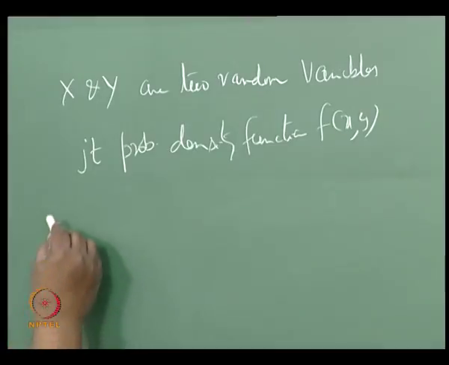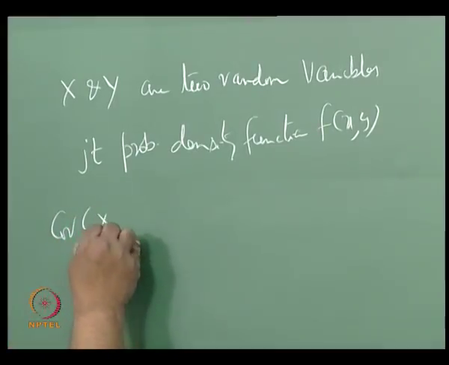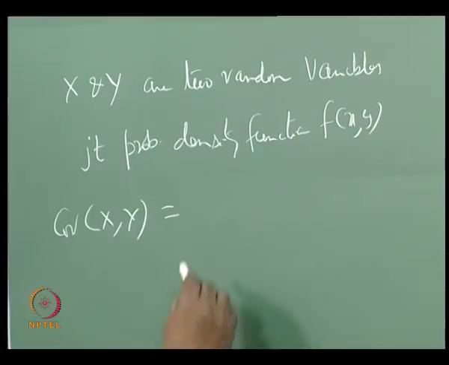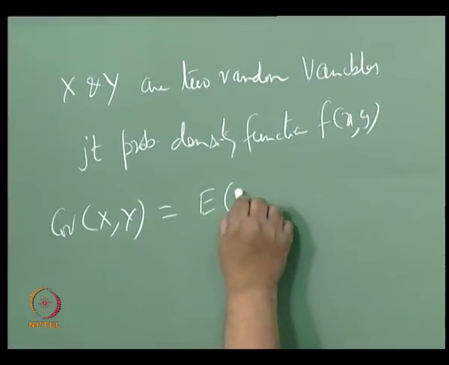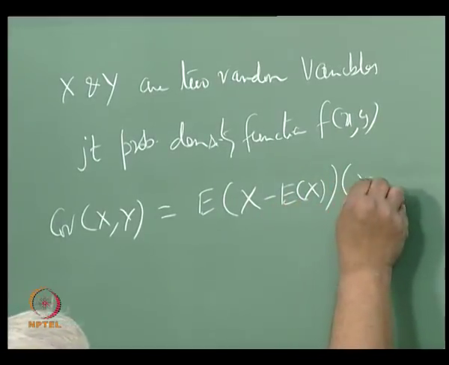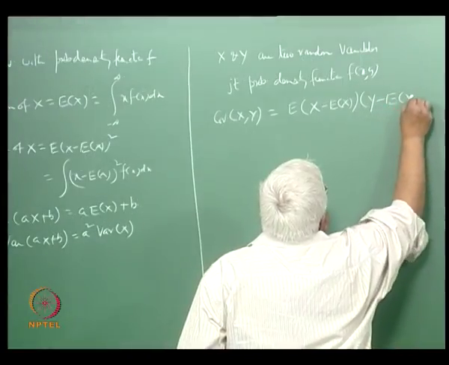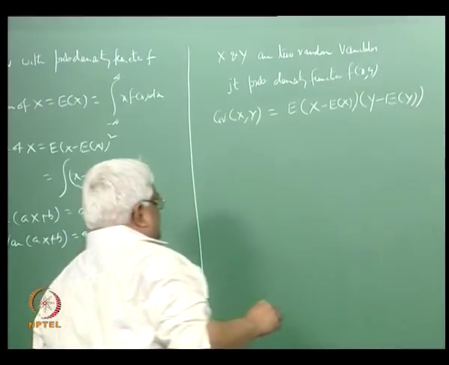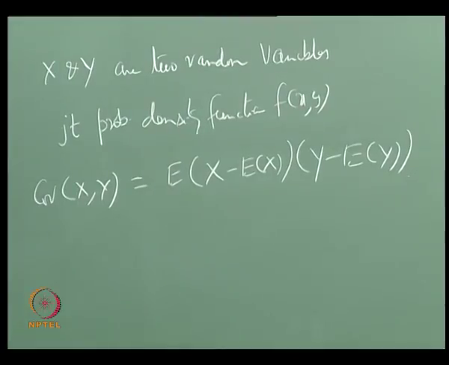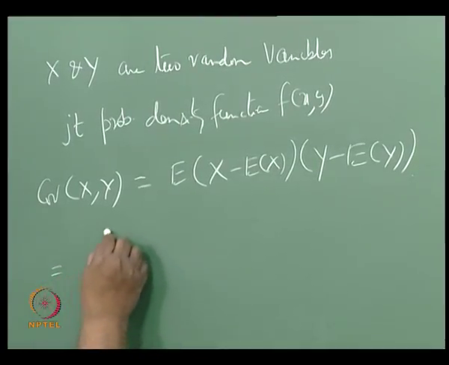Then the covariance of X and Y is equal to basically the expected value of (X minus expectation of X) into (Y minus expectation of Y).